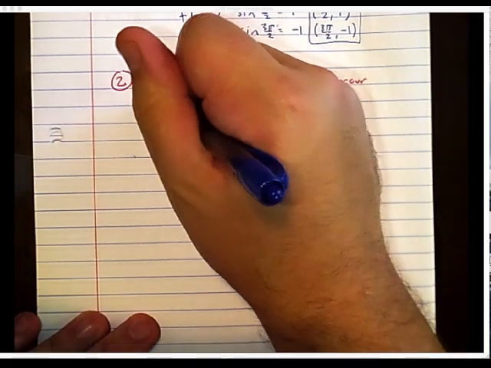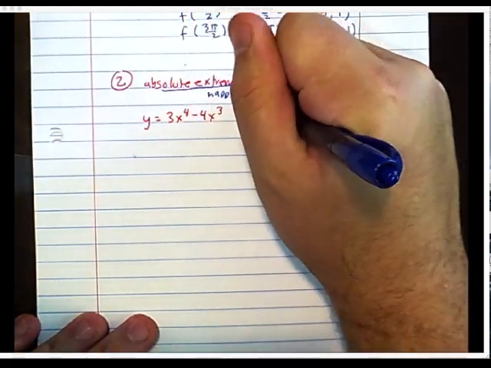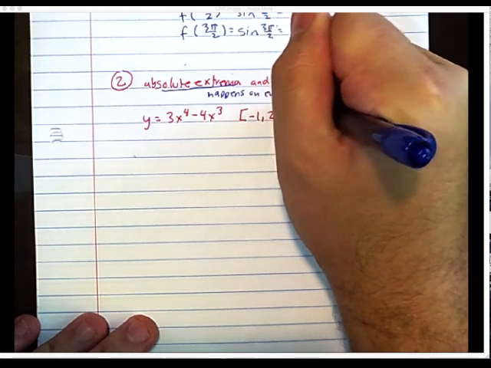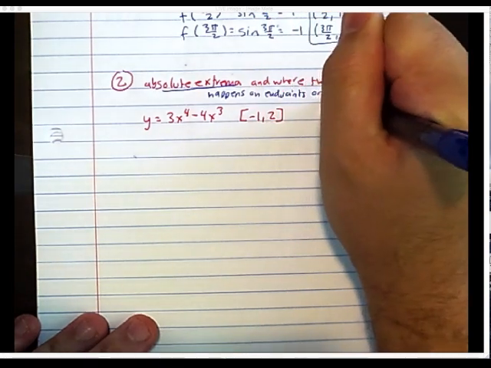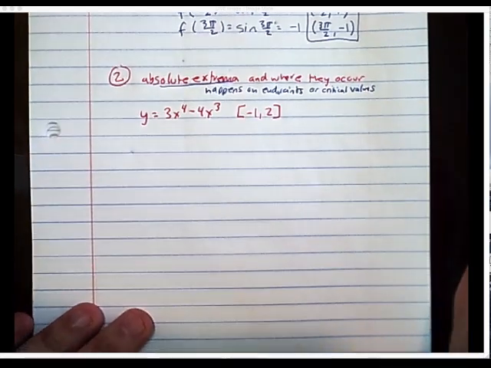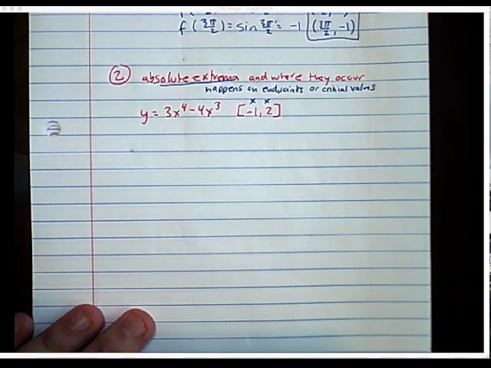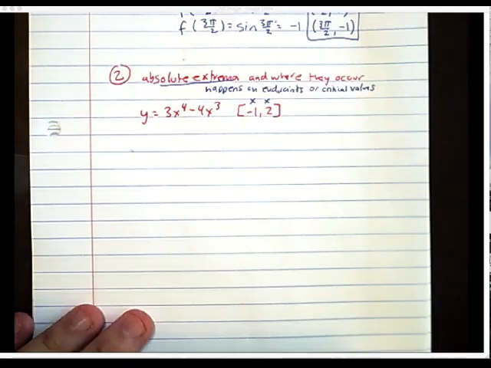So absolute extrema, we know by the extreme value theorem, it's going to happen on endpoints or critical values. So we already know both of these are x values. That's the left endpoint, that's the right endpoint.